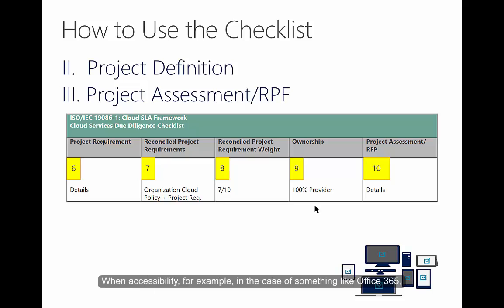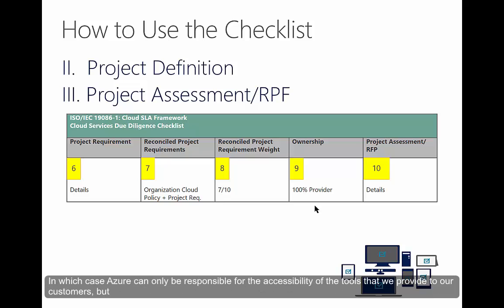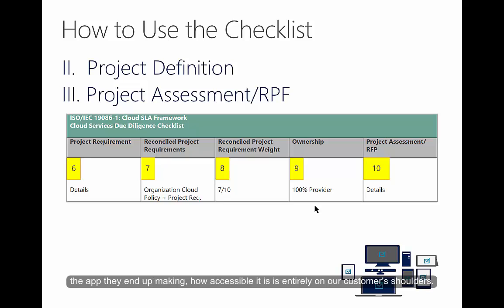In a case of something like Office 365, where the cloud provider essentially dictates the level of accessibility of the project, it's 100% on the provider. On the other hand, maybe our customers are actually using Azure to build an app on their own, in which case Azure can only be responsible for the accessibility of the tools that we provide to our customers. But the app that they end up making, how accessible it is is entirely on our customer's shoulder.